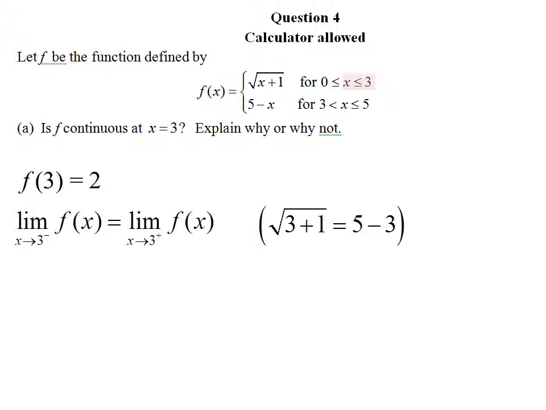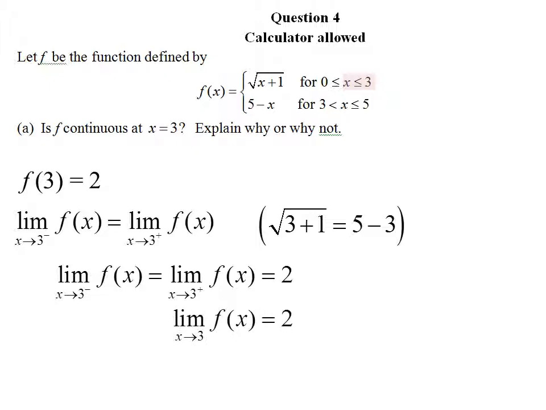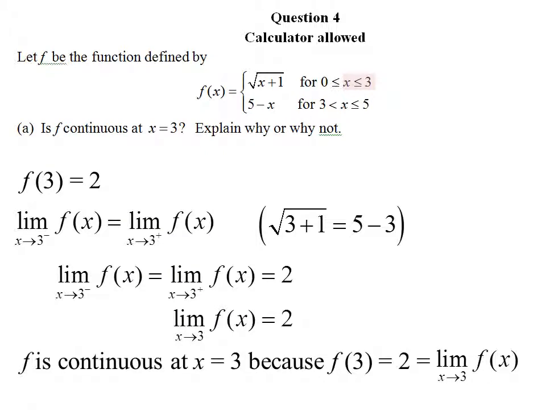Both of these limits can be determined by substitution, and both are equal to 2. By the requirements for the existence of a limit, that means that the limit of the piecewise function as x approaches 3 exists. Finally, we can state that the piecewise function is continuous at x equals 3 because the function value is equal to the limit of the function as x approaches 3.